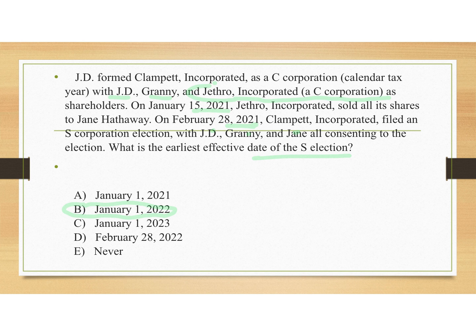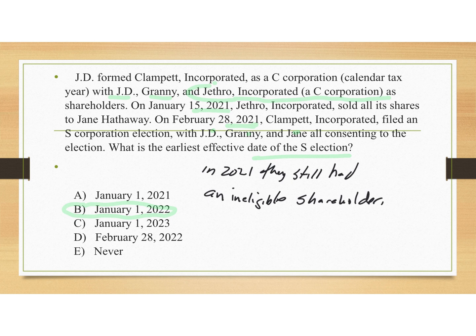And the reason that S election is not effective until 2022 is because in 2021, they still had an ineligible shareholder because for a portion of 2021, even if it's only one day, you can't make a valid S election as long as you have an ineligible shareholder.